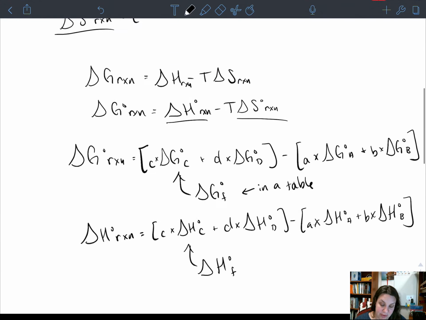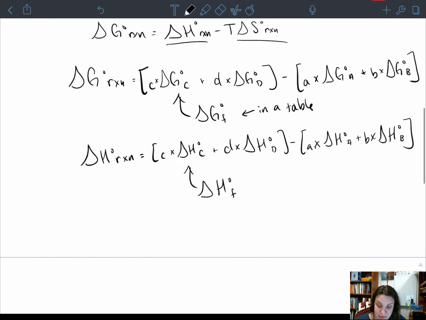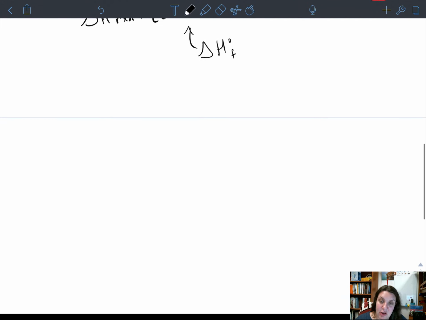So the first part of this lecture just talks about solving all of these values. The next part we look at non-standard G, so looking at non-298 Kelvin and not 1 atmosphere of pressure.